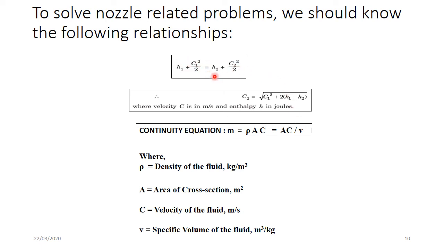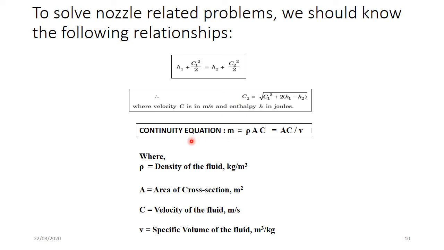H1 plus C1 square by 2 is equal to H2 plus C2 square by 2, or in other words, we can write the same formula as C2 is equal to root of C1 square plus 2 into H1 minus H2, where H1, H2 are the enthalpies at the inlet and outlet. C1 is the inlet velocity of the steam nozzle. C2 is the exit velocity.